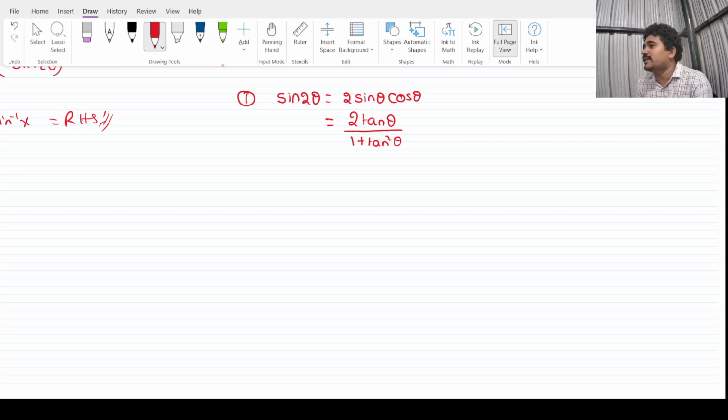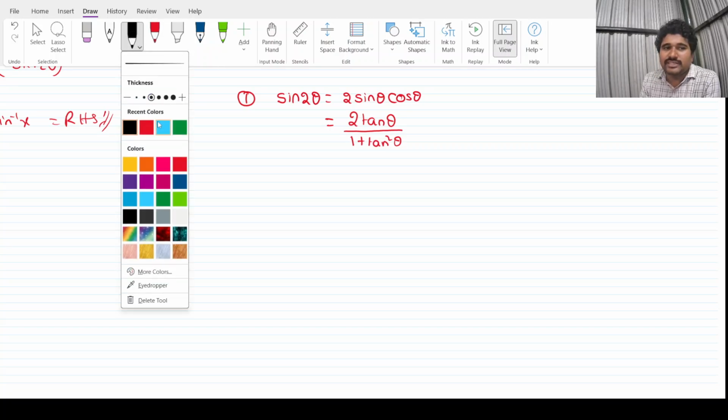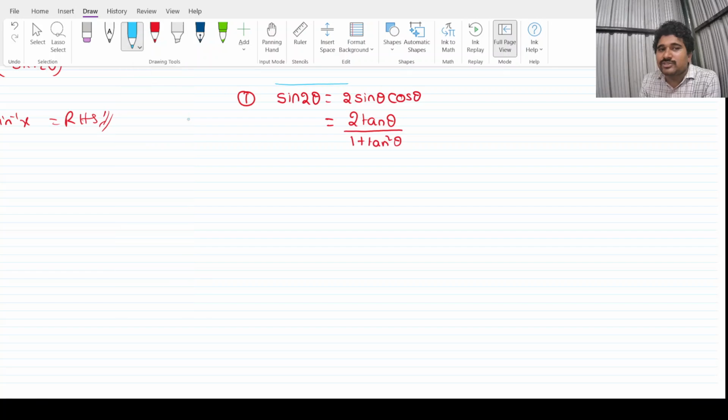2 tan theta by 1 plus tan square theta. Clear? You have to remember these sine 2 theta formulas. Keep this in mind. Understand? Next one we will write for cos 2 theta.